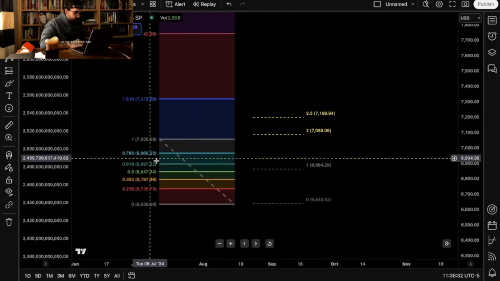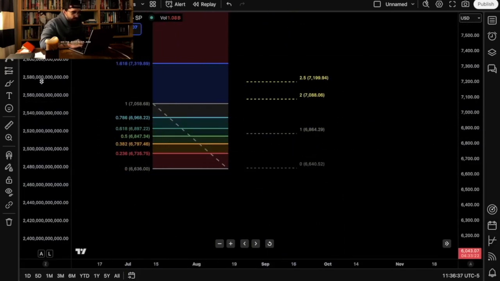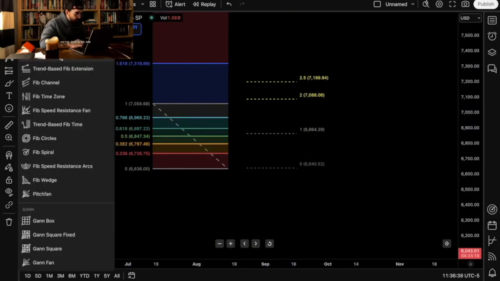So laid out in front of us are two iterations of the fib tool. Well, I guess first of all, if we go to the left hand side, there are way too many fib tools that people can use.